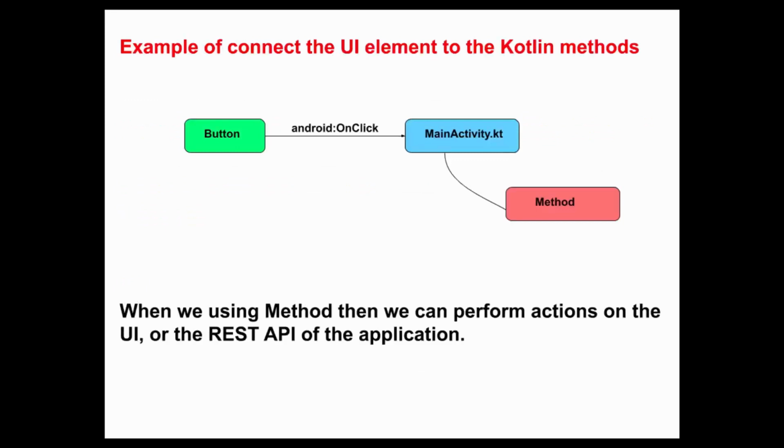Okay guys, now let's take a simple example with a graph to show you how to connect the UI element to the Kotlin methods. And to explain this graph for you guys, inside the UI we have a button, for example, and inside this button we add android:onClick.